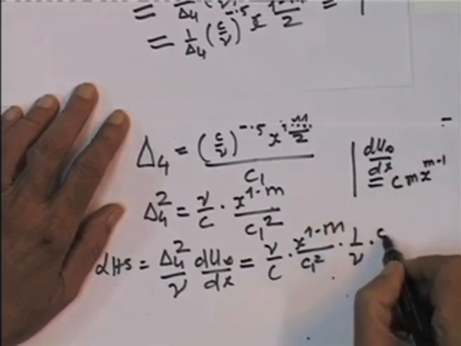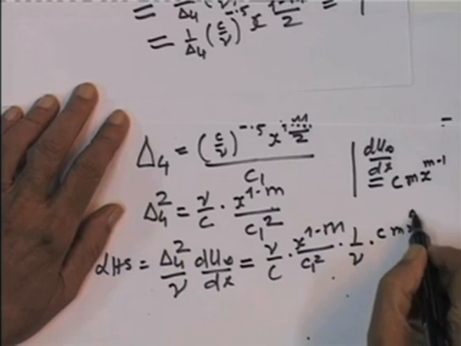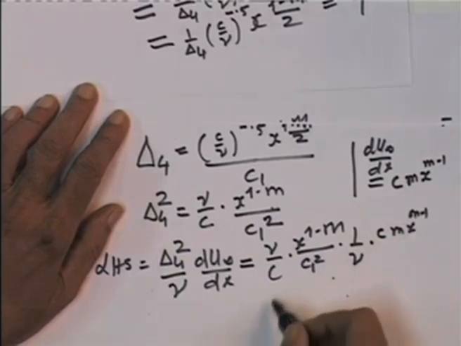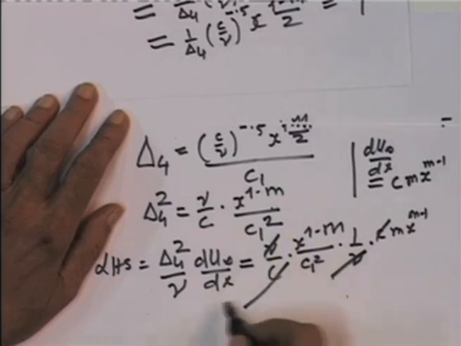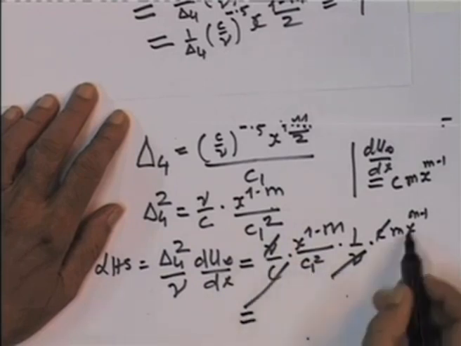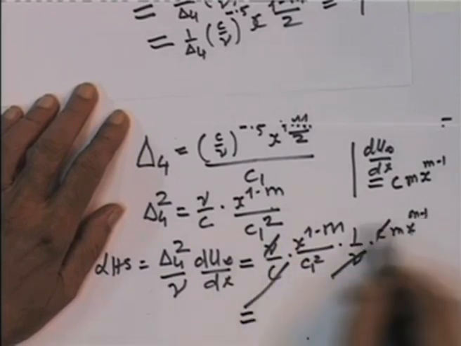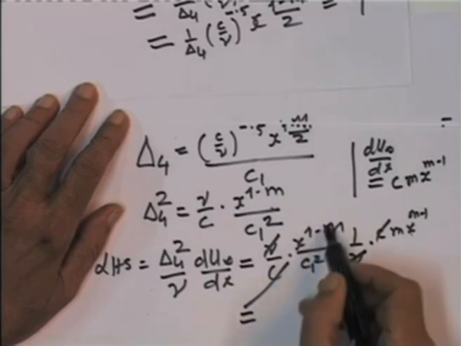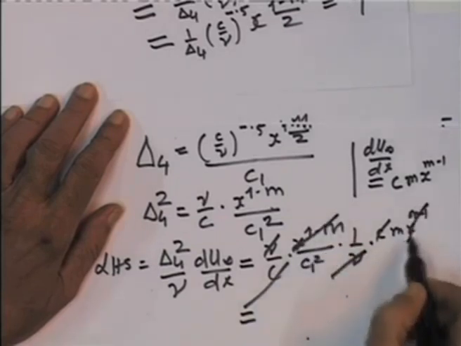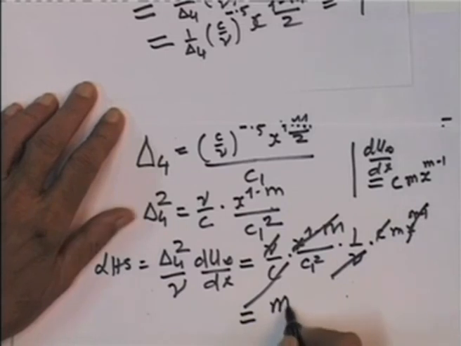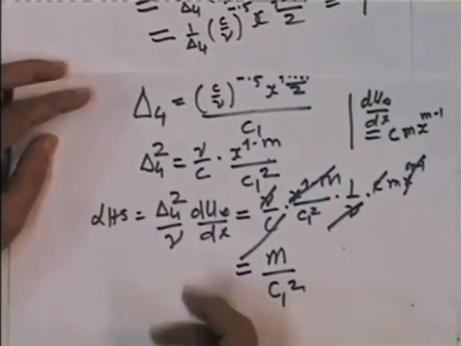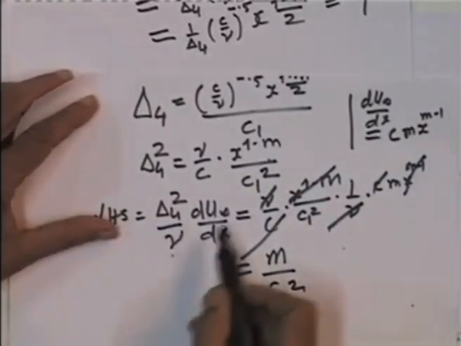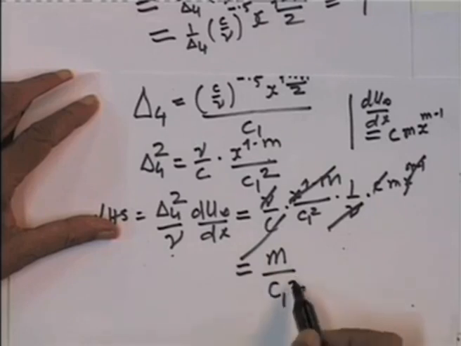So, that is what I write here, C m x raised to m minus 1. You can see C and C will get cancelled, nu and nu will get cancelled, and x raised to m minus 1 and x raised to 1 minus m, both these get cancelled, and I will have essentially m by C 1 squared. So, you can see the left hand side delta 4 square by nu du infinity by dx would be m by C 1 square.